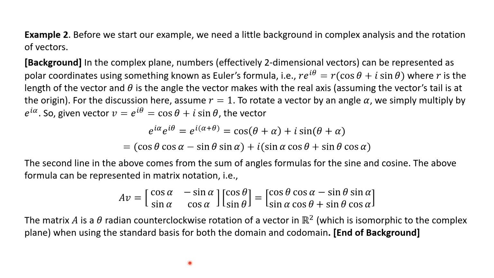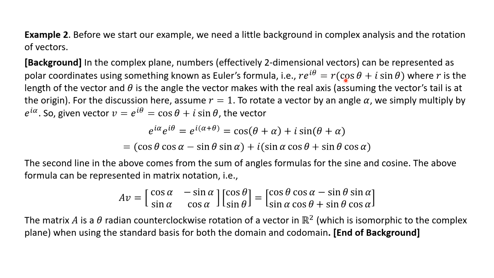So in the complex plane, numbers, effectively two-dimensional vectors, can be represented in polar coordinate form using something known as Euler's formula. So we have that here, r e to the i theta, where i is the imaginary number, square root of -1. And the formula expands this out in terms of the cosine and the sine.